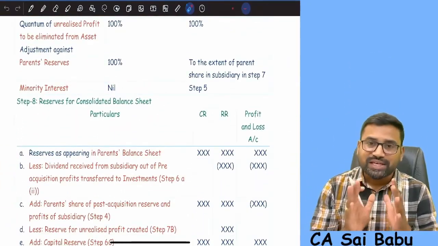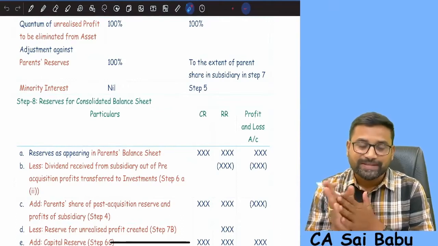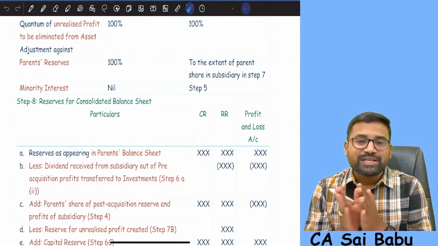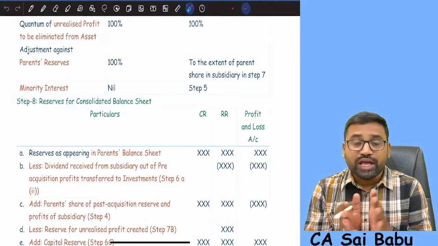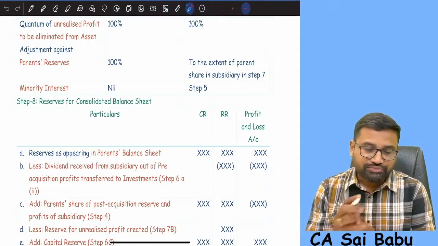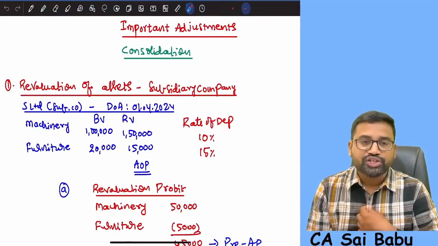See, these are some of the key steps involved in the consolidation procedure, sir. Out of these steps, maybe steps like minority interest or cost of control can be asked as separate small questions. Now let us discuss the important adjustments.